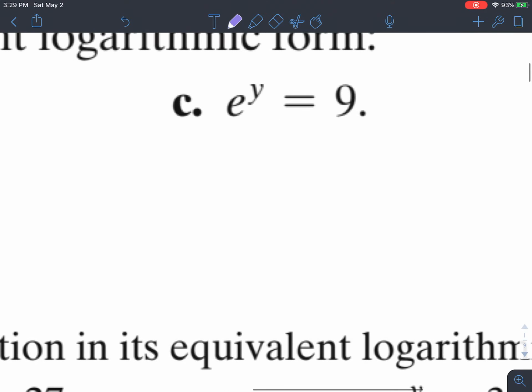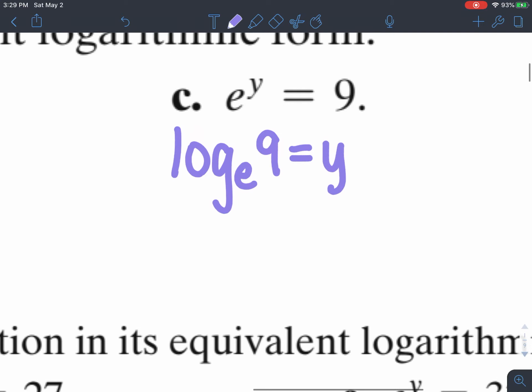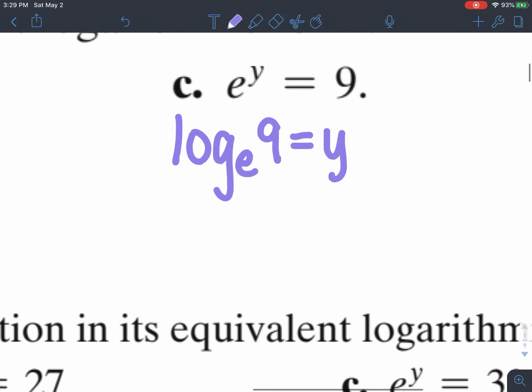Okay. E. What is this E business? So log base E of 9 equals y. Now we're going to talk about this a little bit later, but this isn't just any E. This is that E number that we talked about in the last video. Remember how E equals 2.718, blah, blah, blah.